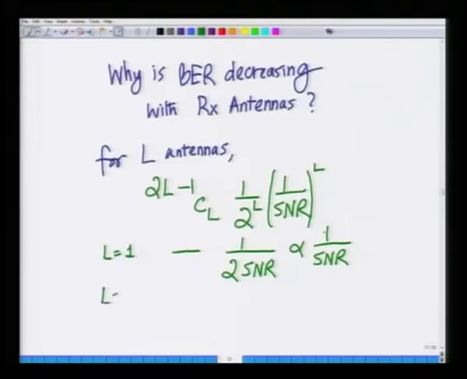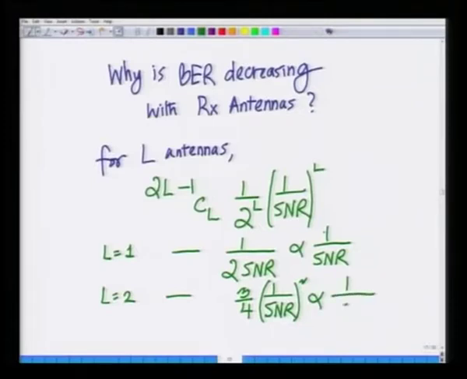Now, when L equals 2, this expression is, as we saw, 3 over 4 times 1 over SNR square, which is proportional to 1 over SNR square.